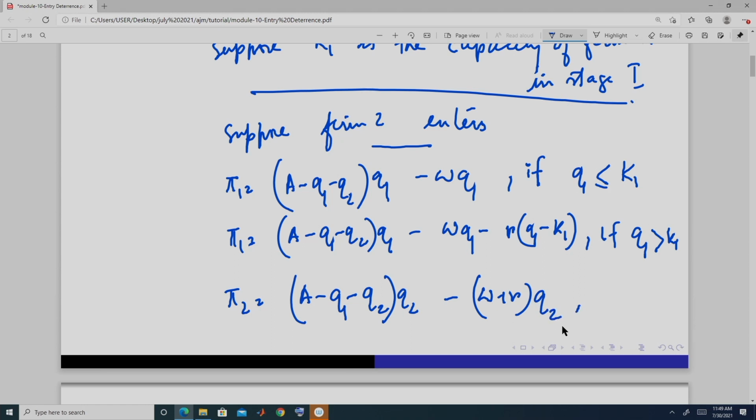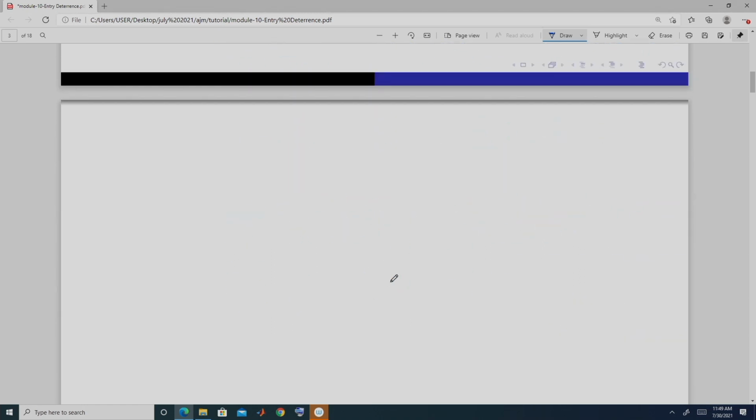Yes. Now, from here we can derive the reaction functions of firm 1 and firm 2. So, we get this, and this gives me this.